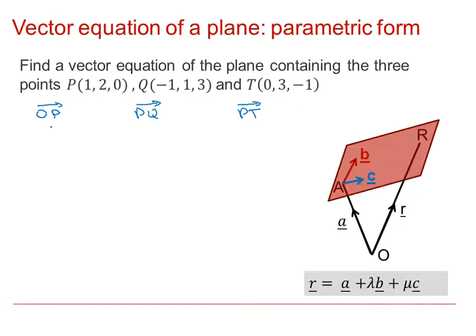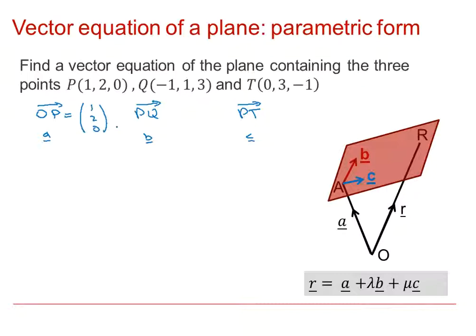So OP is the thing that we've been calling little a in our formula. P to Q is going to be the thing called little b in our formula, and P to T is going to be the thing called little c in our formula. So a is the position vector, b is a direction vector, c is a direction vector. So we need the position of a point on the plane, and I'm going to use 1, 2, 0.